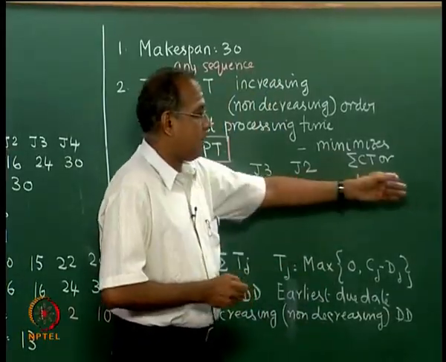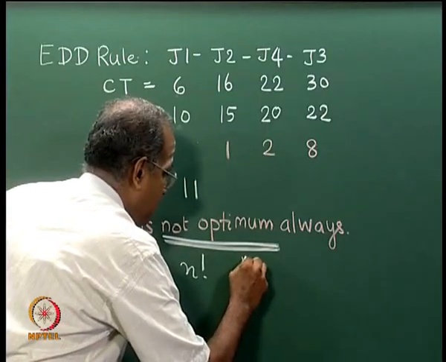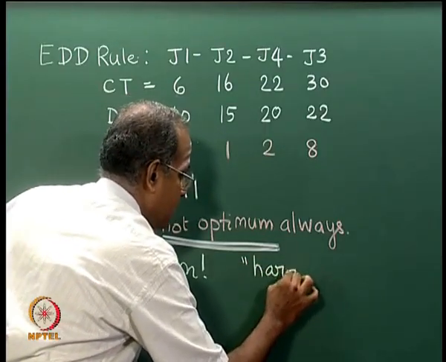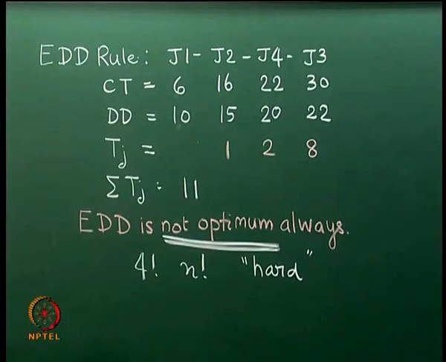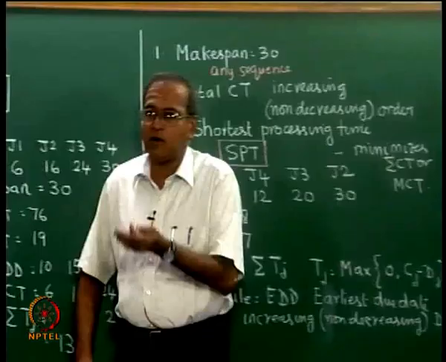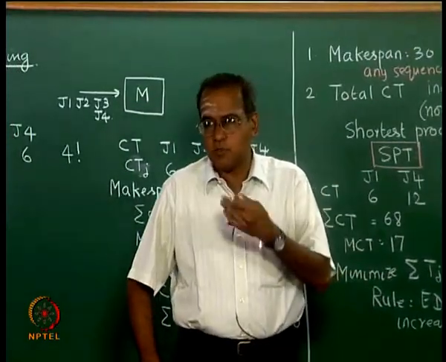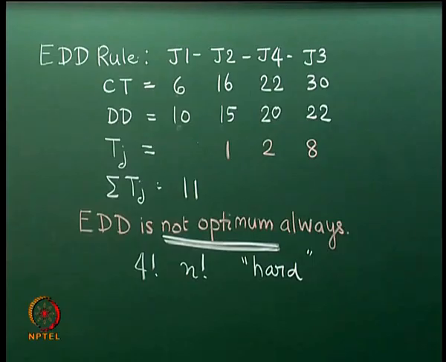But n factorial is very large, and these sequencing and scheduling problems become hard problems, particularly when the problem size increases. So far we have not found an algorithm that runs in other than n factorial, explicitly or implicitly, because the computational effort becomes exponential and very large as n increases.